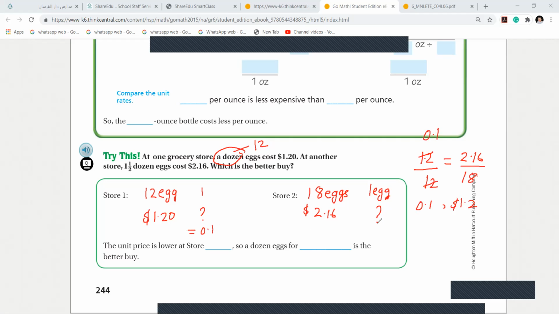So of course, 0.1 is better to buy. The store is better to buy, right? Because the other one is for $1.20.